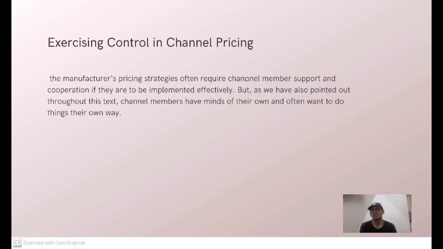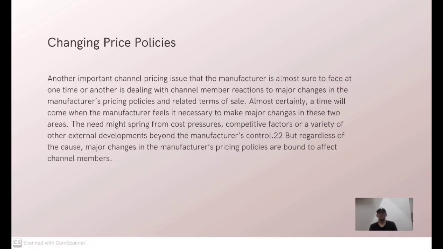This is especially true when it comes to pricing. Of all the elements of the marketing mix, channel members typically view pricing as the area that is most in their domain.